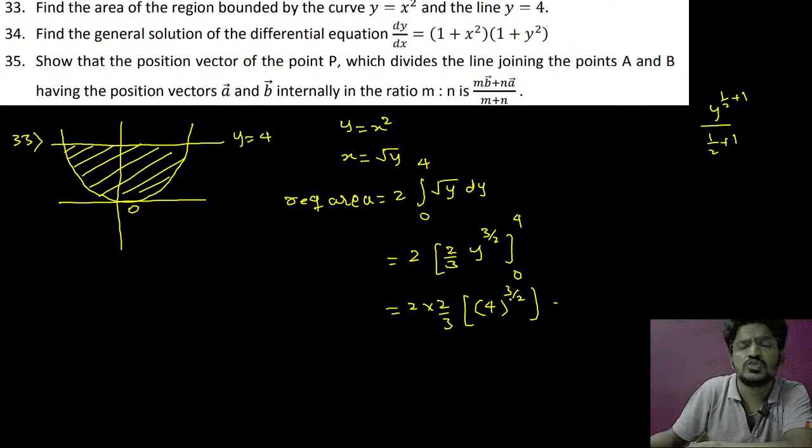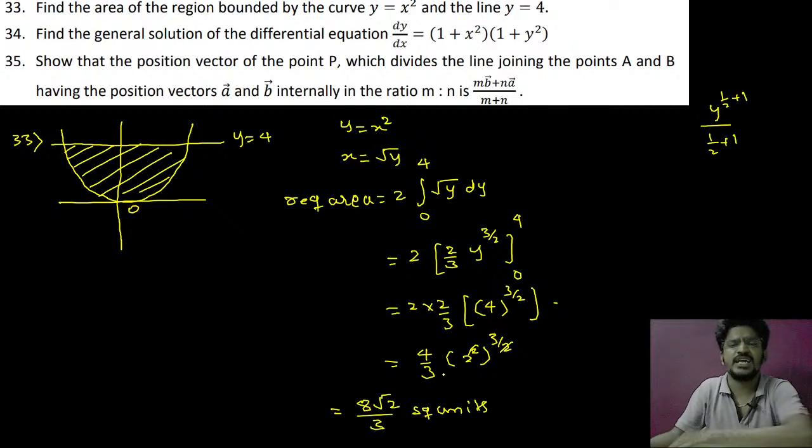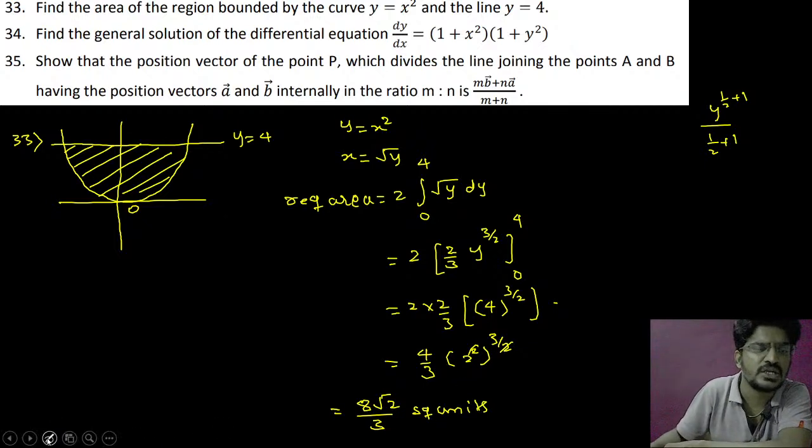Therefore 2 square whole to the power of 3 by 2, so it will be 4 by 3. The 2 will get cancelled, so the answer will be 4 into 2 root 2, that is 8 root 2 divided by 3 square units. You can write it as 2 cube is 8, and 8 into 4 is 32.